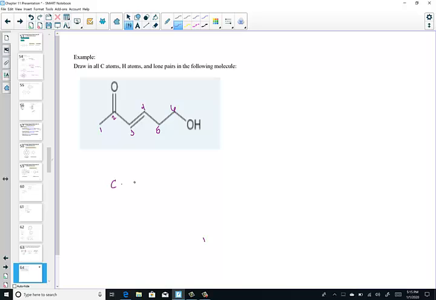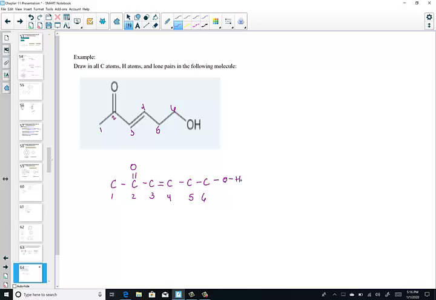So we would have 1, 2, 3, 4, 5, 6 carbons in a chain. Carbon number 2 has a double bond leading up to it. Between carbon 3 and 4 is a double bond between the 2 carbons, just to keep track. And carbon number 6 has an OH leading out to it. I better show the bond, O to H.